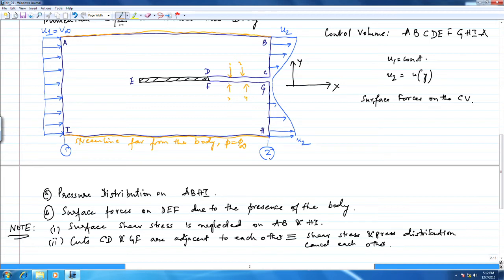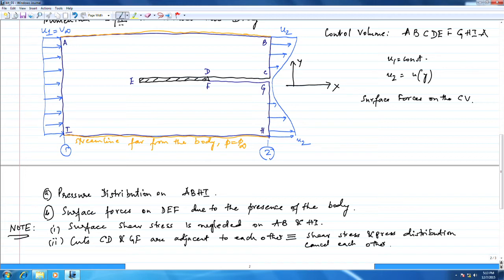So, these will basically cancel each other out. Okay. So, therefore, since the cuts are adjacent to each other, it essentially means shear stress and pressure distribution cancel each other out.